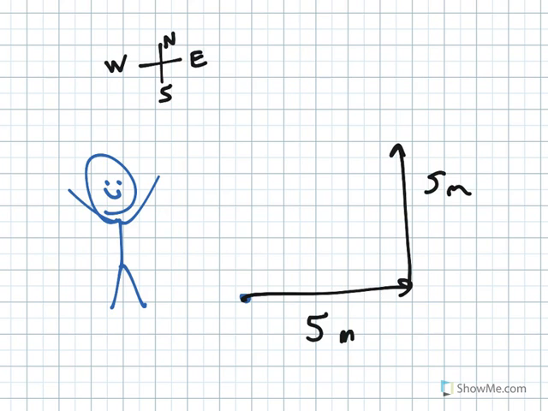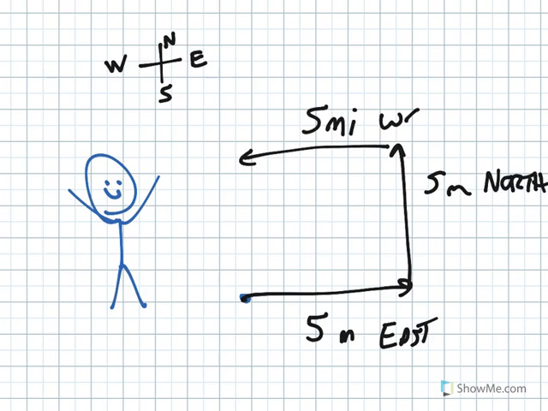So you're going 5 miles east, and then 5 miles north, and then how about 5 miles west? And finally, guess what? Yeah, you guessed it. We're going to go 5 miles south.